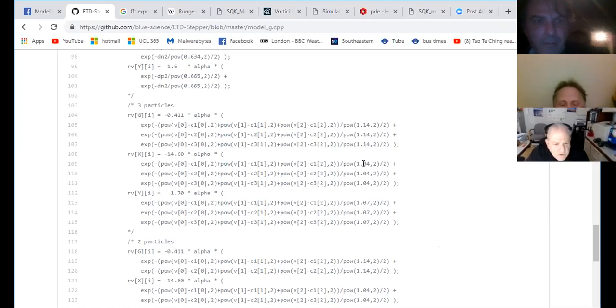I'm not sure if those are locations, 14, 6, 4, 1, 1, because these are supposed to be quantities. It is just the initial settings having Gaussian distributions, all of it, 2 particles, 3 particles.